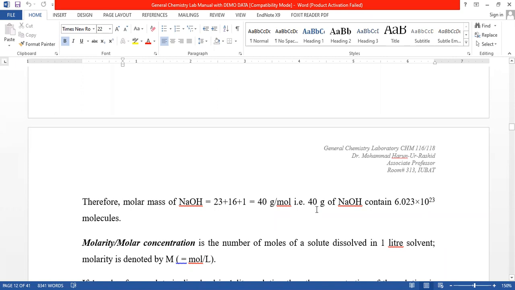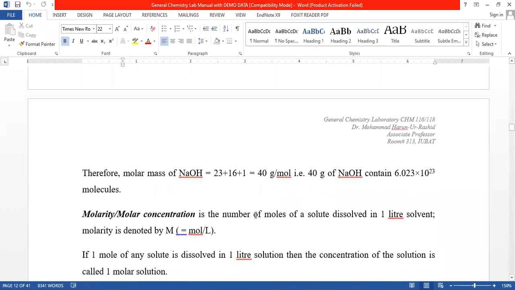So if we collect 40 grams of sodium hydroxide, it will have 6.023 times 10 to the power 23 molecules of sodium hydroxide. Now, if we dissolve this amount of sodium hydroxide in 1 liter of water, the concentration will be 1 molar. This is the most frequently used unit to represent molarity, the molar concentration.